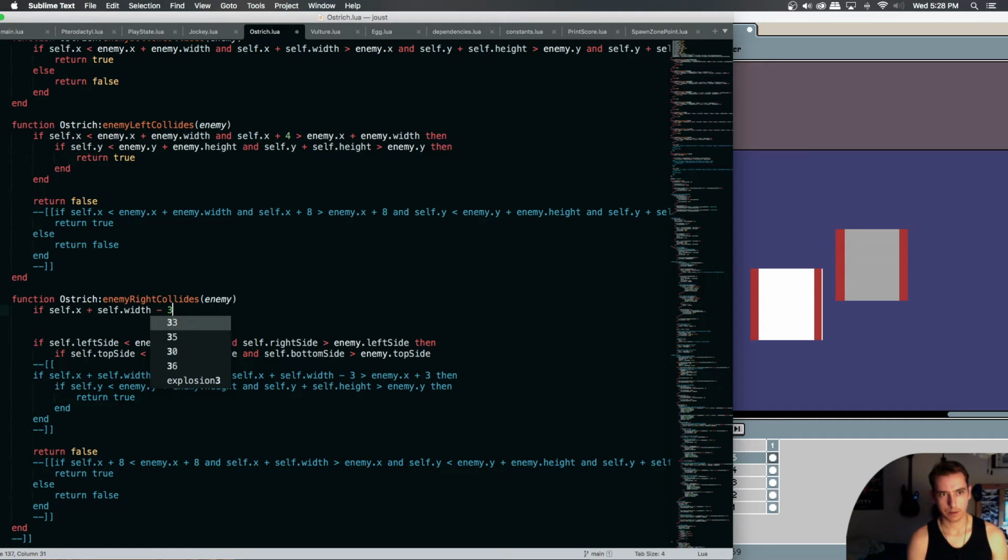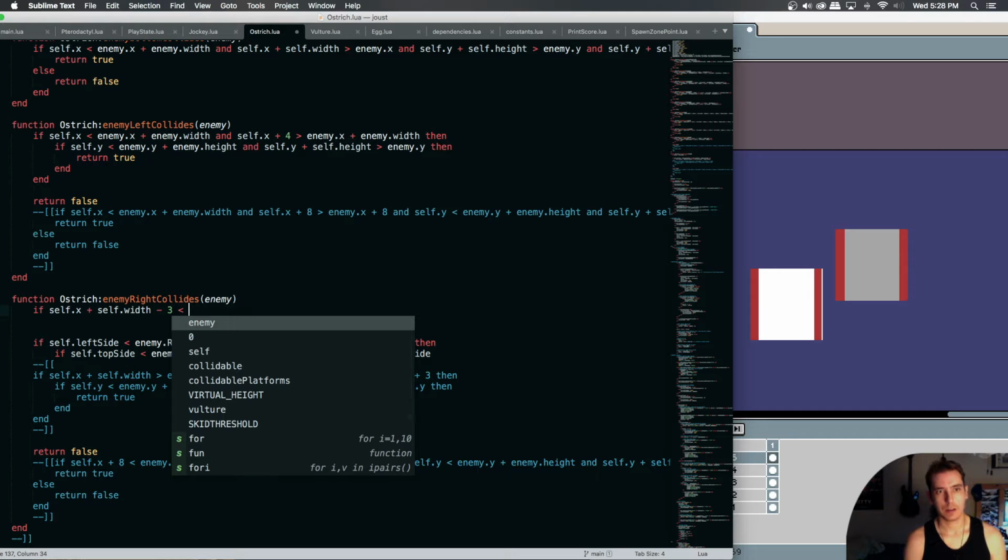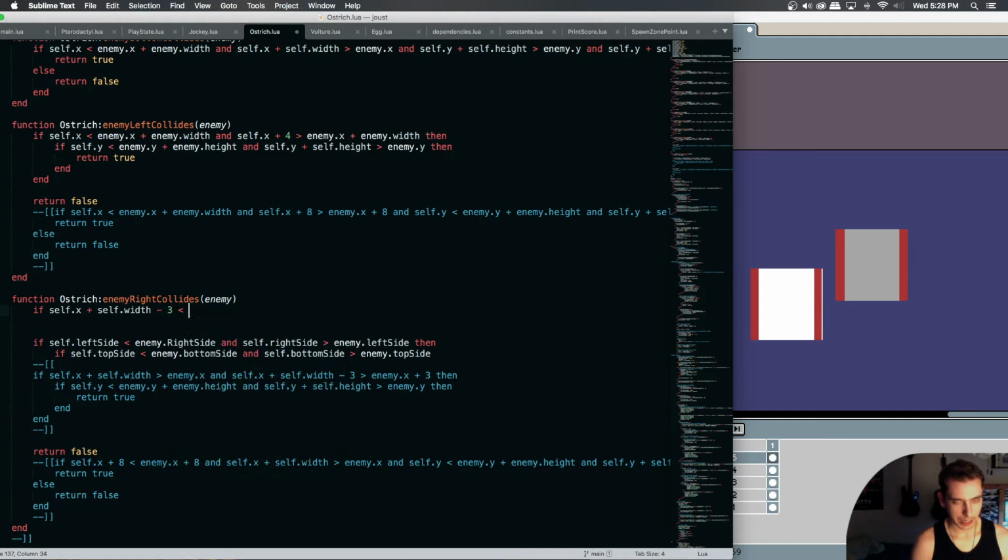That's our left side. And we're checking if that left side is smaller than the right side of our bounding box, which is not enemy.x, it's enemy.x plus 3. And the minus 3 and plus 3 here don't cancel each other out like I was thinking. I mean, yeah, we messed up here in the original. I don't know what we were doing originally, but it explains the bug.